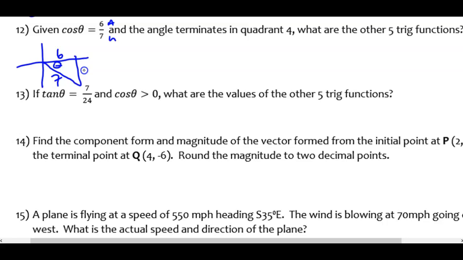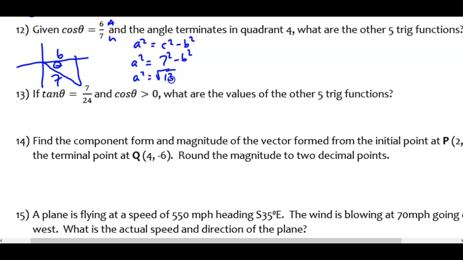So if I go a squared plus b squared equals c squared, a squared equals c squared minus b squared. So 49 minus 36 is 13.